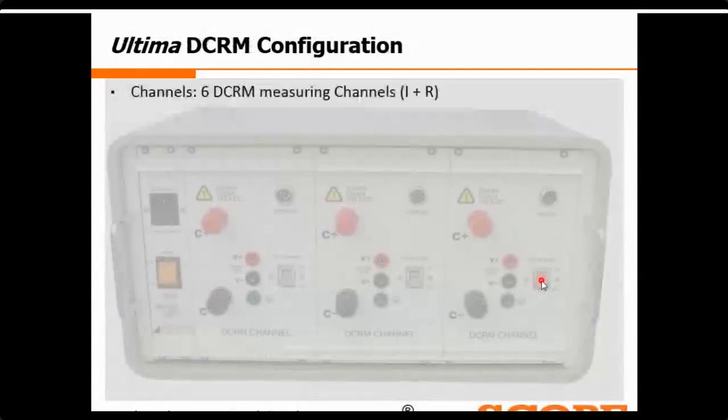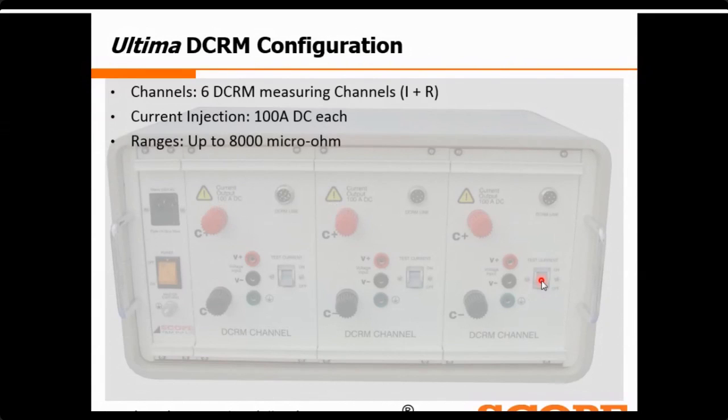Now, coming to the features, we have 6 DCRM channels for current and resistance. The current injection of each and every channel is 100 ampere DC. With each DCRM channel, we are injecting 100 ampere to all the interrupters up to a 400 kV circuit breaker simultaneously. This is one of the prime features of the Hijack Ultima. The range is quite high, up to 8000 micro ohm.